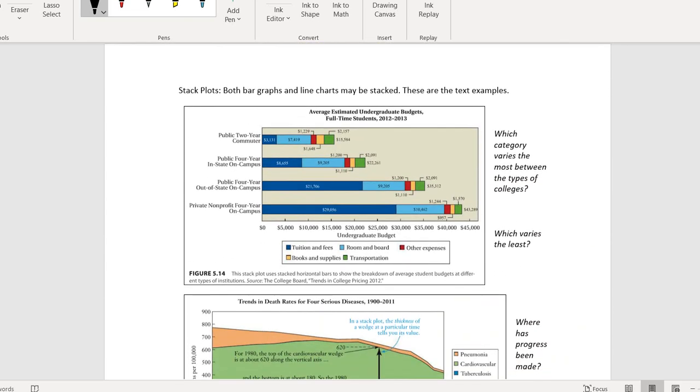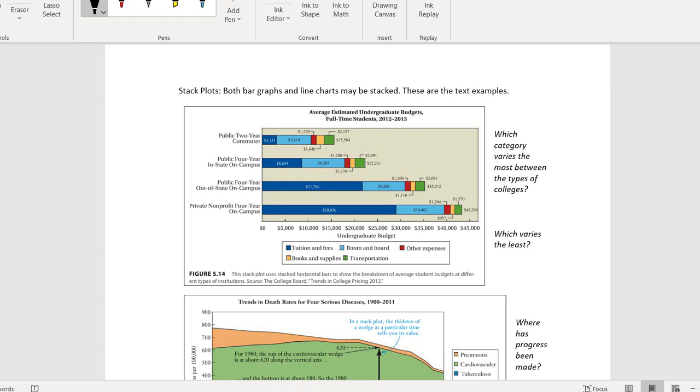Now, if we look at this stacked plot, which is looking at the total amount it costs to go to a college, okay, we're going to be looking at between public 2-year commuter colleges, which would be like Olympic College, all the way up to private nonprofit 4-year campuses.